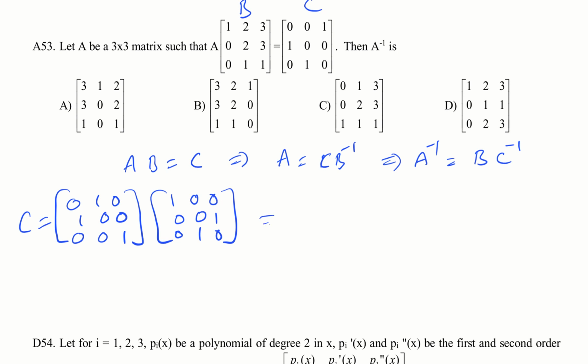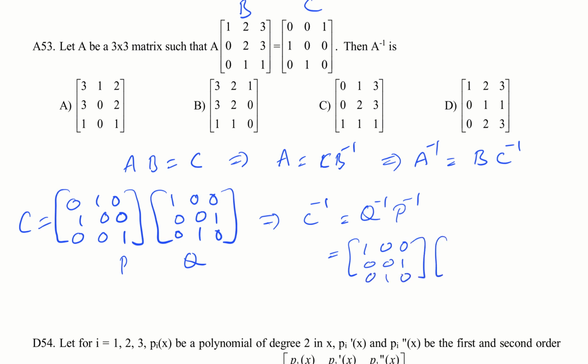Now we are looking for C inverse. Now if I call this as P and this as Q, this is nothing but Q inverse into P inverse. And we know that for elementary matrices, these two elementary matrices, inverses are themselves. Therefore Q inverse is nothing but 1 0 0 0 0 1 0 1 0, and P inverse is nothing but 0 1 0 1 0 0 0 0 1.